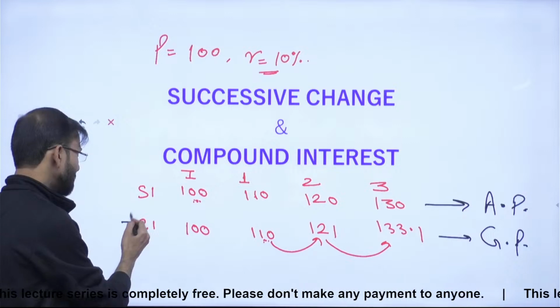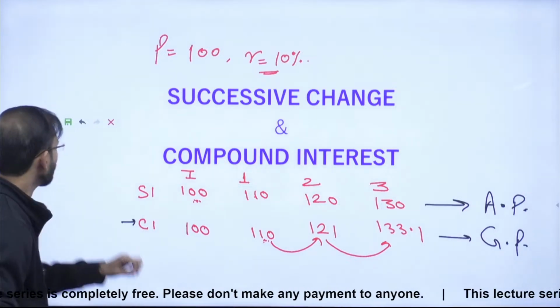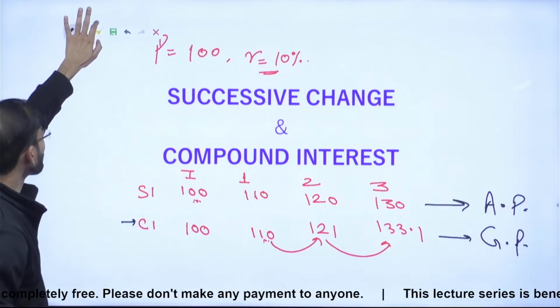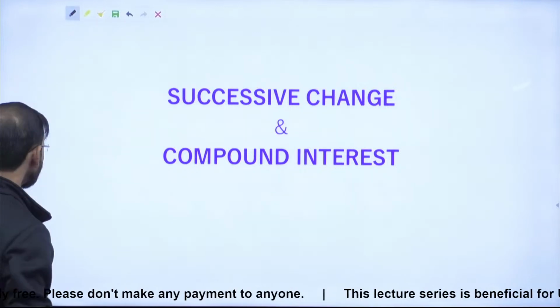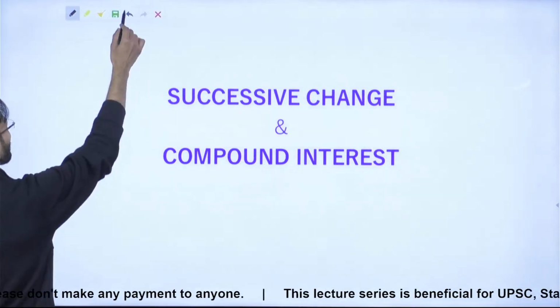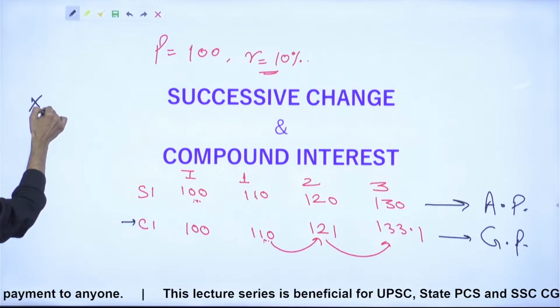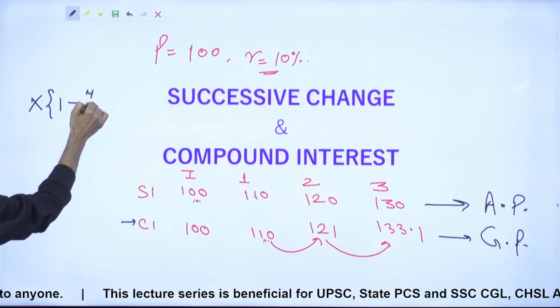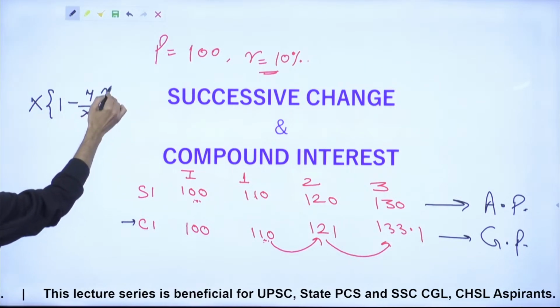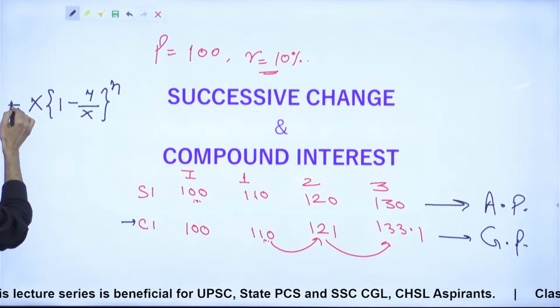And let me tell you one more interesting fact. Guys, we just have studied one formula, and the formula was x into 1 minus y by x raised to the power n. Everybody, yes or no? Right?